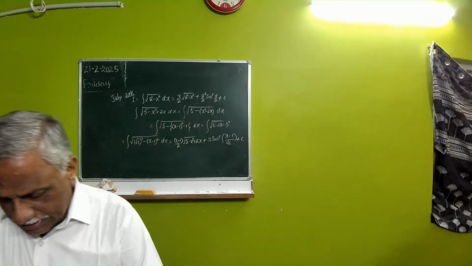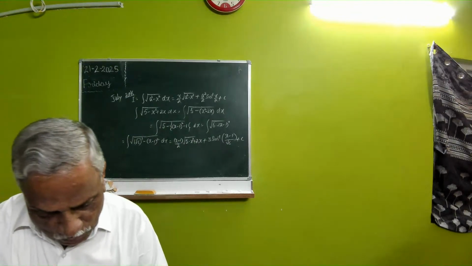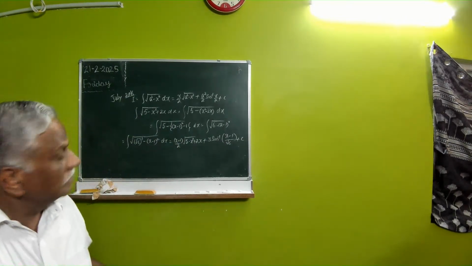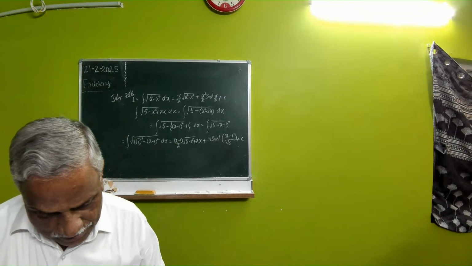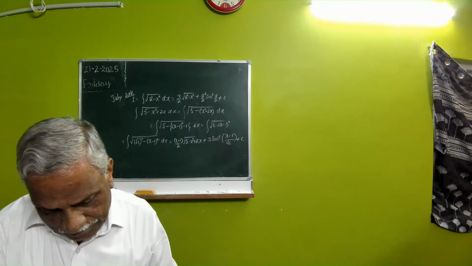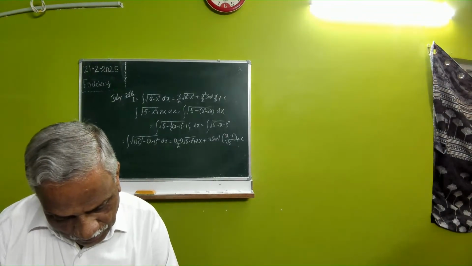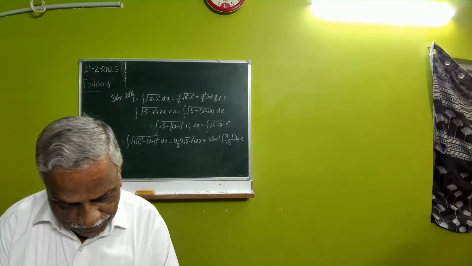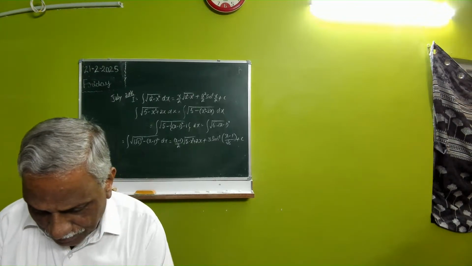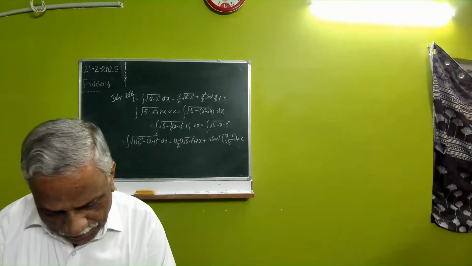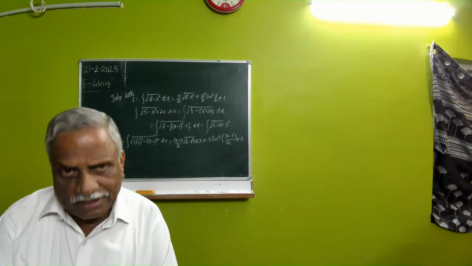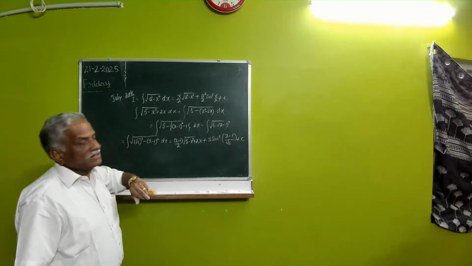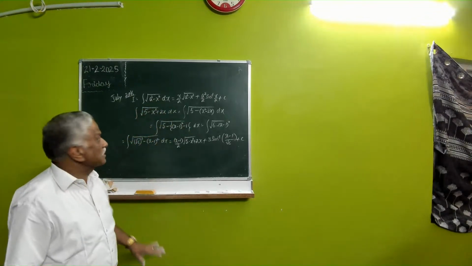That is July 2016. We'll move on to March 2017. So they have repeated all the problems. They have given x square plus a square, they have given a square plus x square.